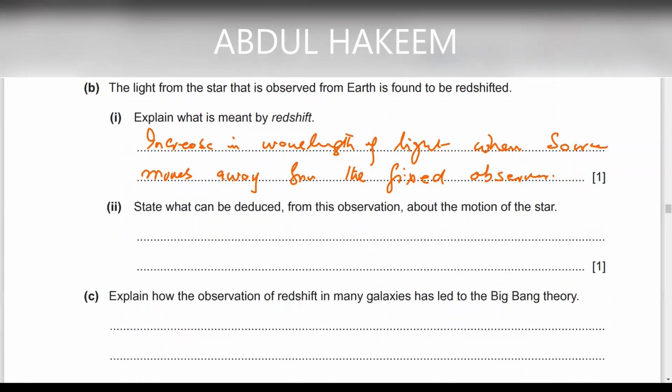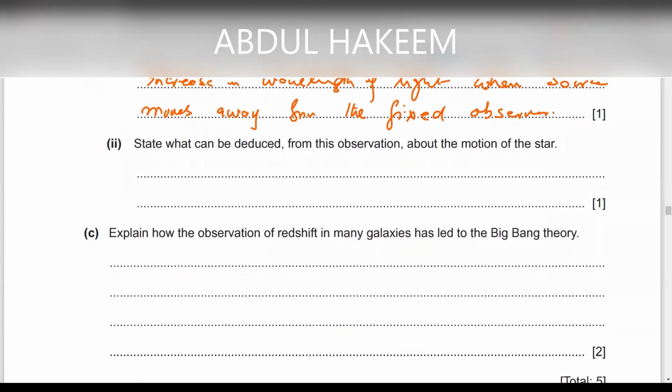This is the Doppler effect. State what can be deduced from the observation about the motion of the star. So this formula is showing that the recession velocity is increasing due to the redshift.